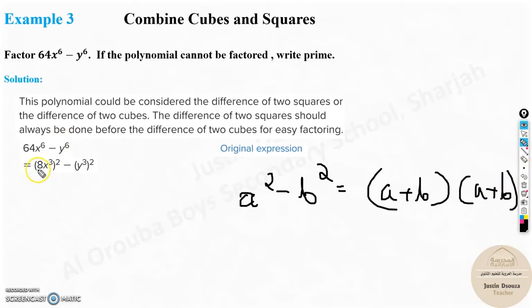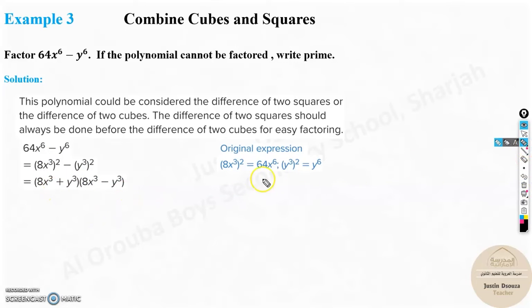Now over here a is this 8x cube and b is y cube. So you will have to substitute over there. Now it will be 8x cube plus y cube, and over here we have 8x cube minus y cube. Now when you look at this, this is in terms of which formula? The sum and difference of cubes.